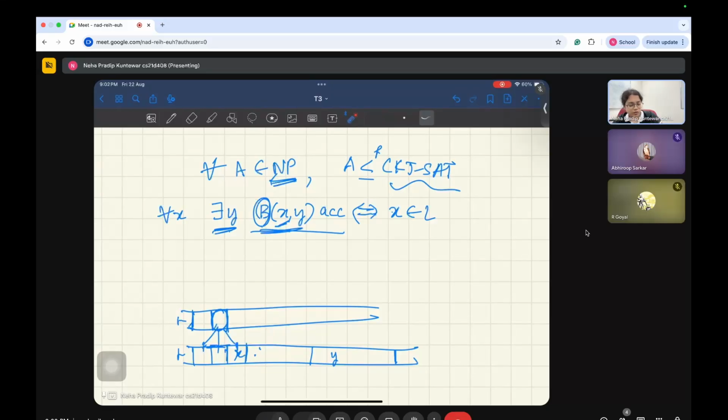Either I was here and I wrote something and I moved to the right, or I didn't change the content at all, or I wrote something here and moved to the left. So it's just the left and right transitions that could change the contents of the cell.